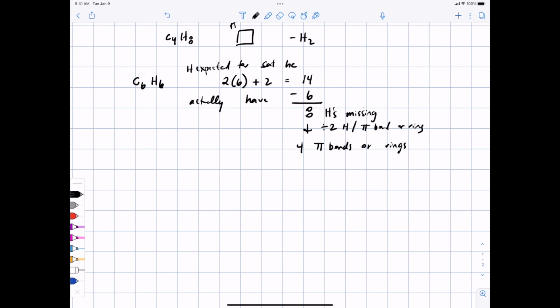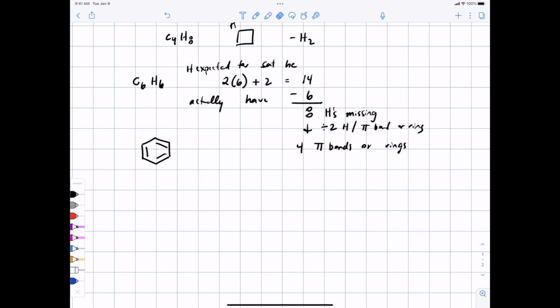And the only way you can actually arrange a molecule with 6 carbons to have 4 pi bonds or rings in it is benzene. So right away, this method of comparing hydrogens to what you might expect for a saturated hydrocarbon versus what you actually have can narrow the number of structures you are considering as possibilities.